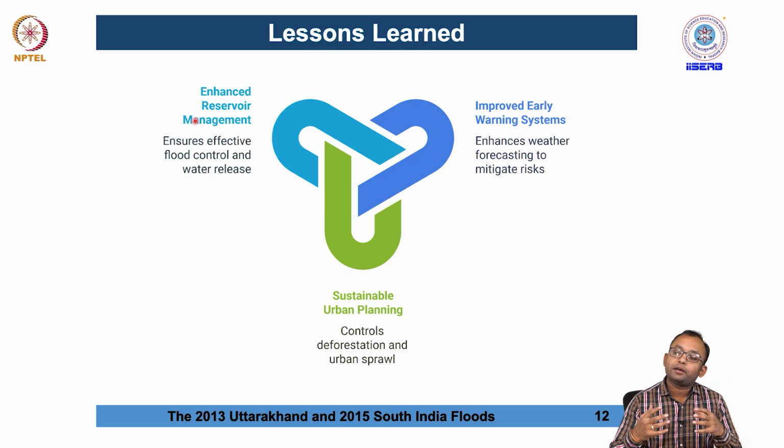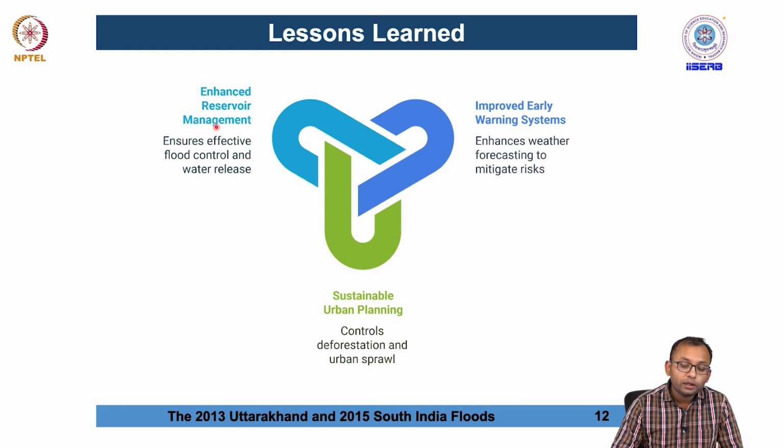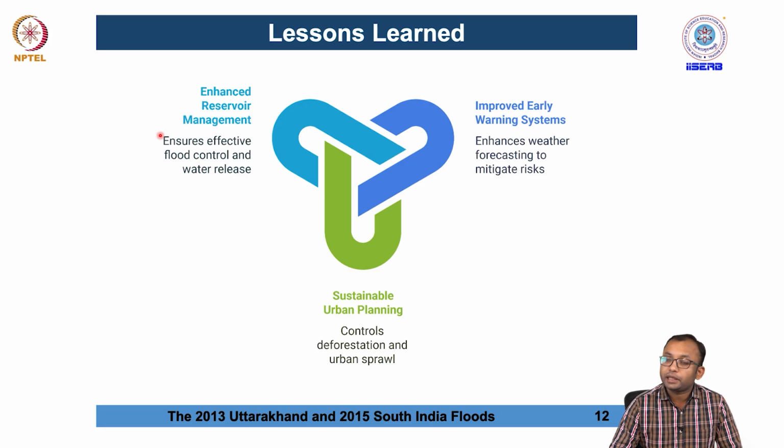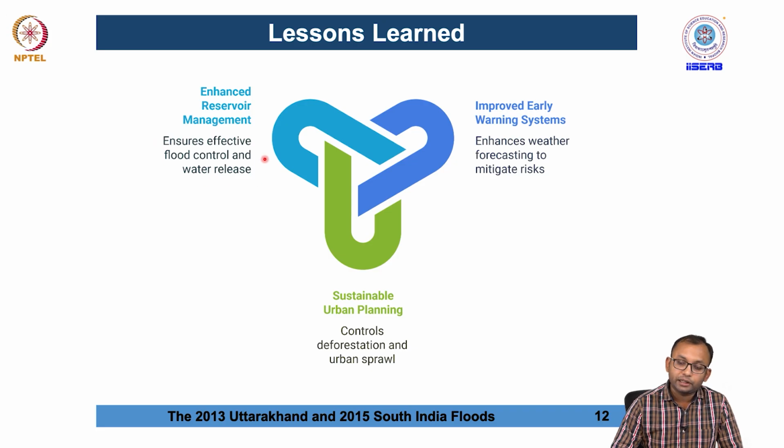Or maybe we can store the water in upstream locations, and then release the water when we require it, for example, in the non-monsoon season, when we have a higher demand for water supply from those regions, so that we can also control drought events. That is called enhanced reservoir management, so that we can ensure effective flood control and release of water, and that can minimize the effect of flooding events in the downstream part of the region.